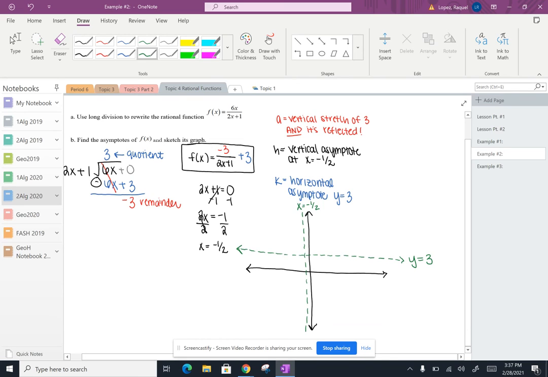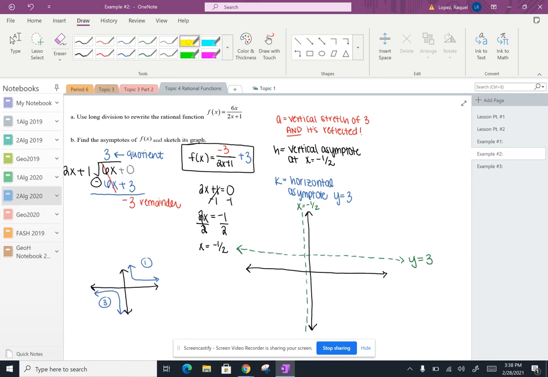Okay, now the next thing we need to do is figure out what our graph is going to look like. So we know that we've got a vertical stretch of 3 and it's also reflected. I'd like to remind us that the parent function of rational functions looks like this, where we've got, I call these branches, where we've got branches in the first quadrant and in the third quadrant. And that's when the a value is positive.